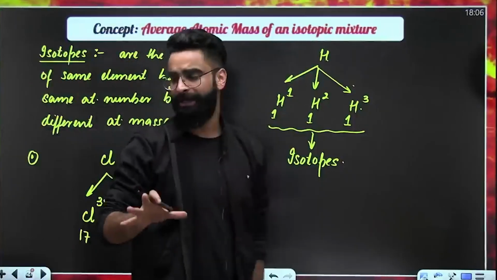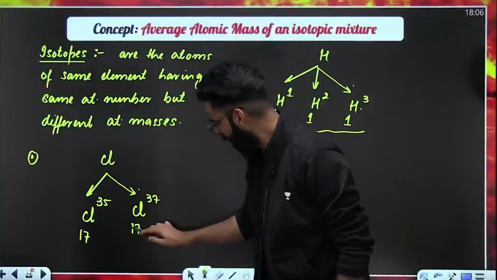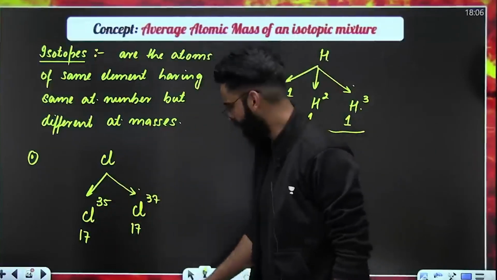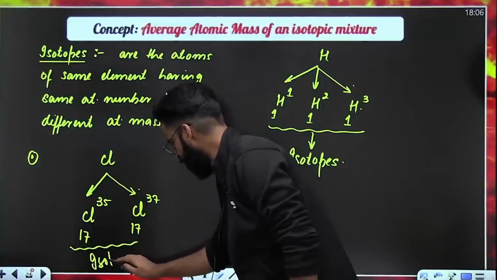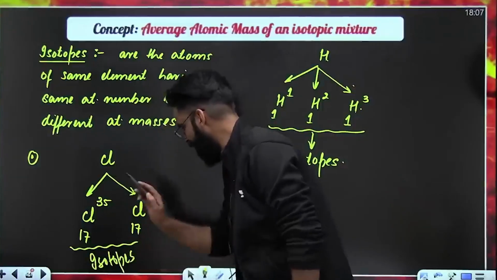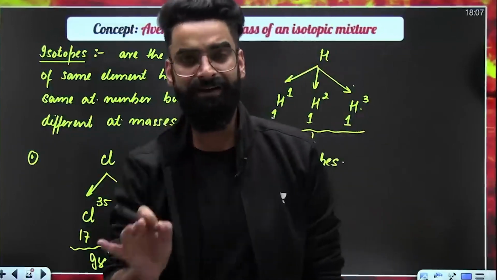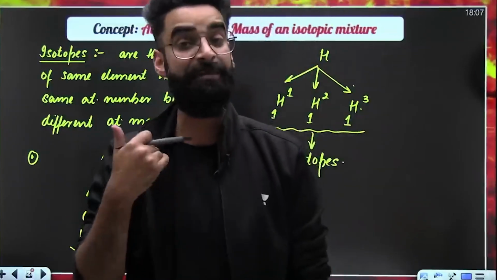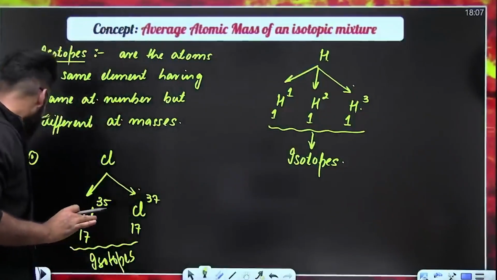So can I categorically say these are the atoms of chlorine which have got same atomic number but different atomic masses? Absolutely. So these 2 atoms I will be calling the isotopes of chlorine. So isotopes are just the atoms of same element having same atomic number but different atomic mass. As simple as that.